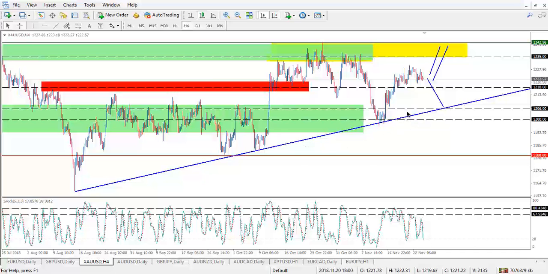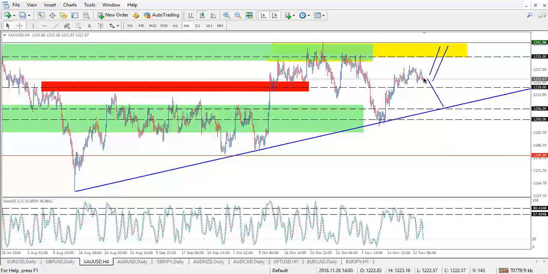This is one scenario. The second one is to wait for the pair to reach the area between 1235 and 1242. This is considered an overbought area for us, depending on the price action of this pair before, because as you can see here, the pair went up too much and then went down when it reached this area, and then this happened one more time, so this might happen again in the near future.